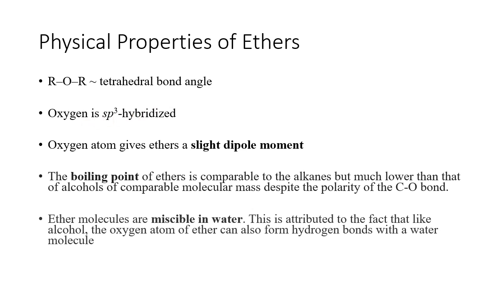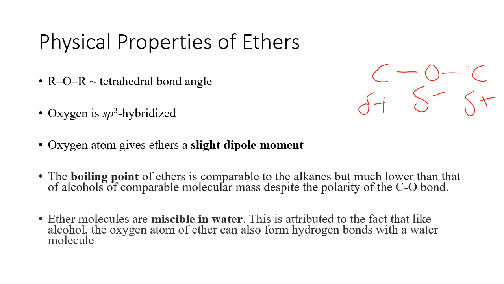The oxygen in the ethers also gives a slight dipole moment, and we talked earlier about ethers and compared them with alcohols. If we drew an ether over here, this is just a simple ether, regardless of what other things are attached to those two carbons. We all know that oxygen is more electronegative than carbon, so that oxygen has a partial negative, while the two carbons have partial positive.